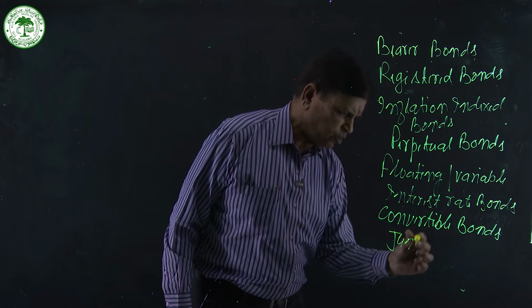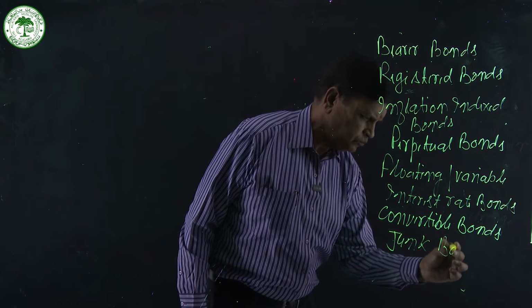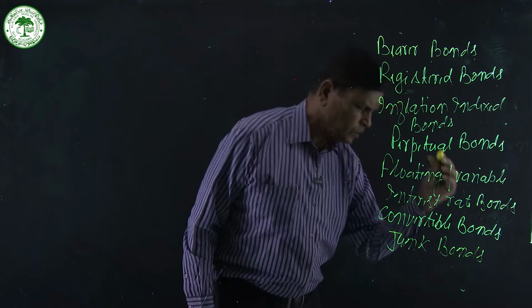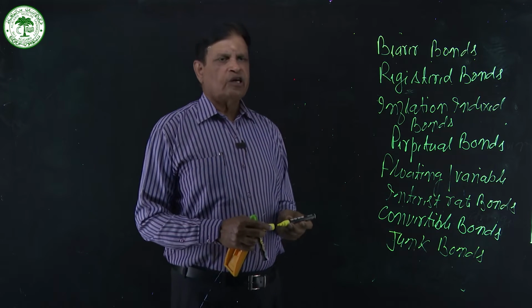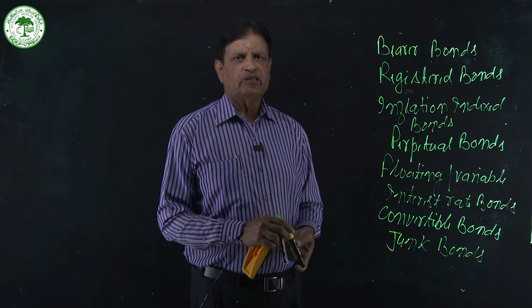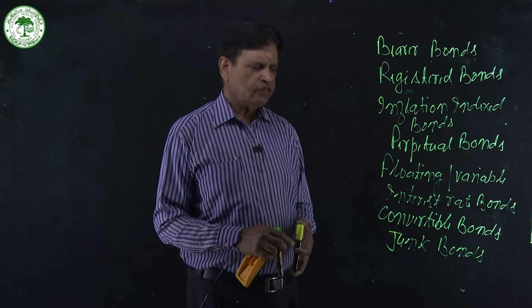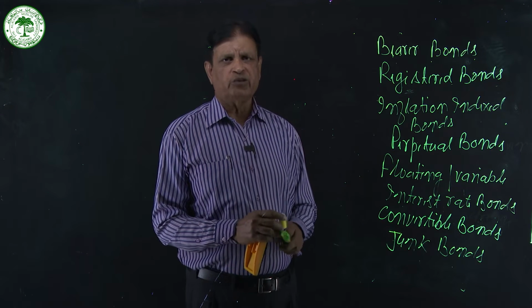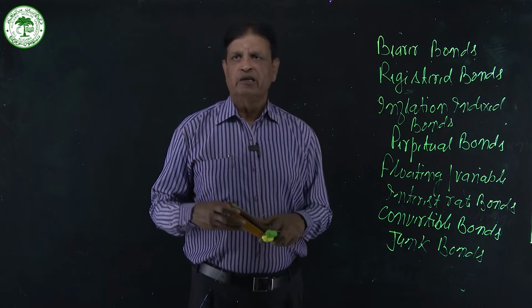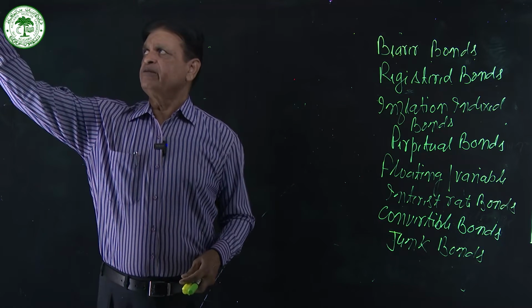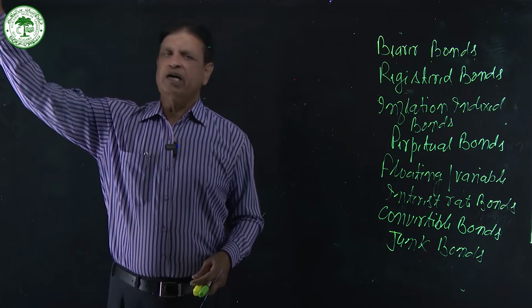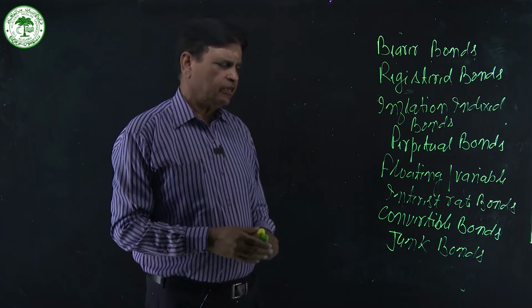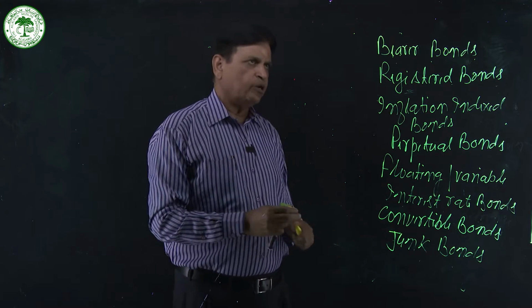We have junk bond. Junk bonds are high risk bonds. These bonds are highly risky, and that's why these bonds are called junk bonds. Even though these bonds may provide a good rate of return, because of the high risk that these bonds carry, they are known as junk bonds.